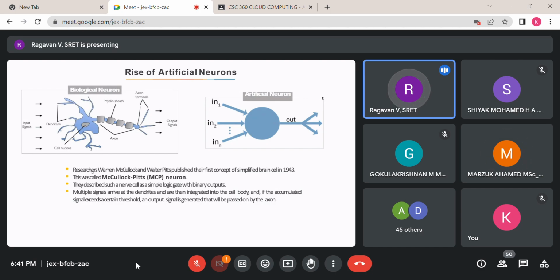They came up with the study of the biological neuron and artificial neuron comparison in 1943. That is called the MCP neuron or McCulloch-Pitts neuron. The artificial neuron also has multiple inputs.